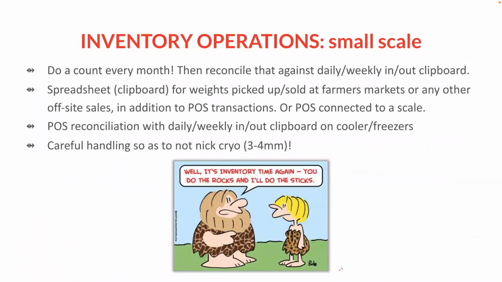Okay, so like I said, Mariam said quarterly. I kind of say monthly because you'd be surprised how many times you open the freezer and it's not working and you didn't know. So if you're not in there frequently, you are not going to find out what's spoiling in there. And if you're doing a physical count, you're then going to reconcile that against what you have in your clipboard.